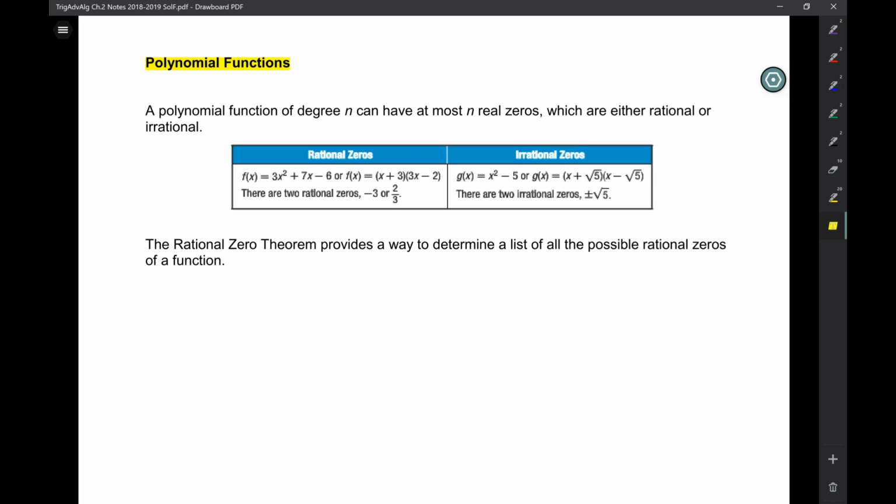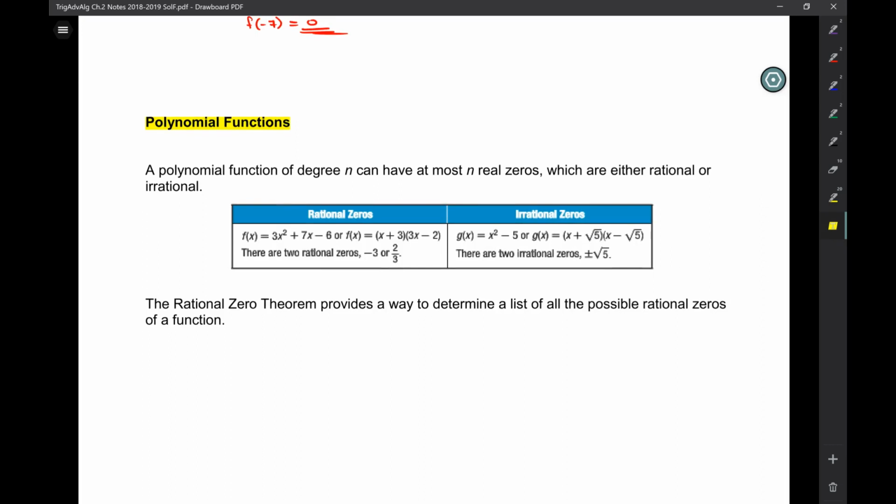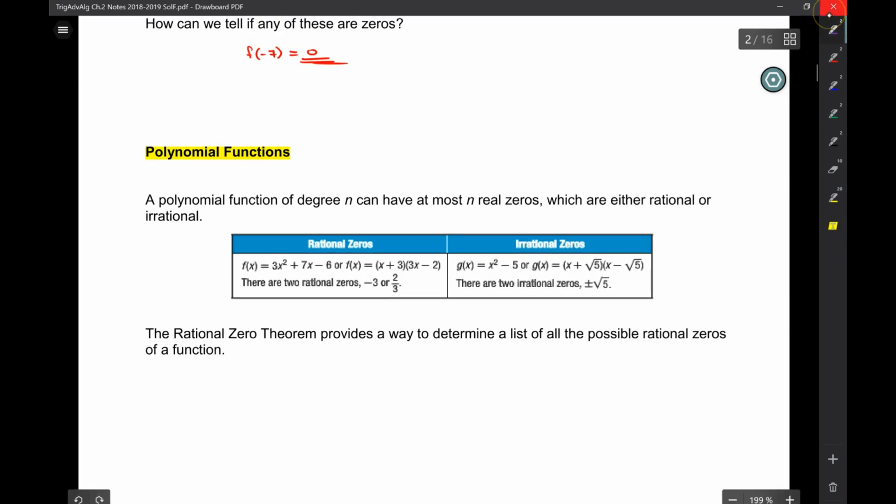Okay, now let's talk about what the degree of the function is. Right? Does anybody remember what the degree of a function is? The highest exponent, right? So let's write that down. Degree is highest exponent of f of x.